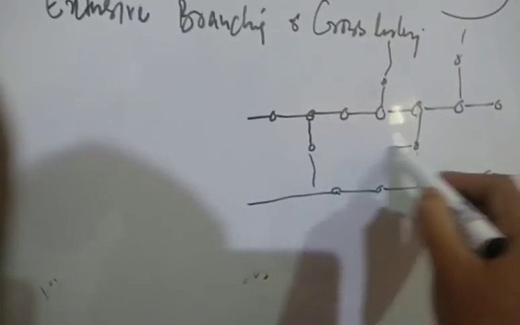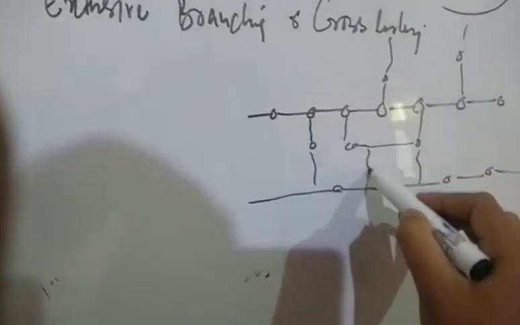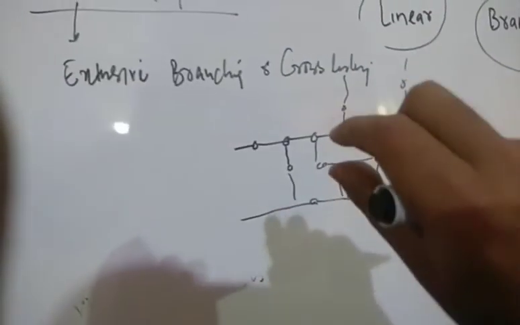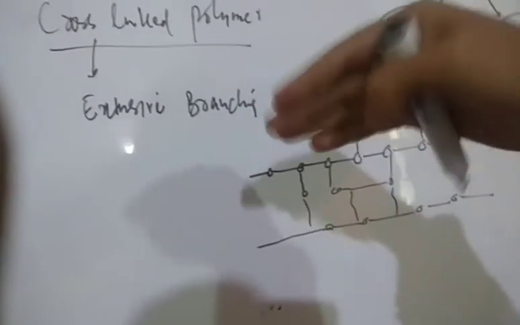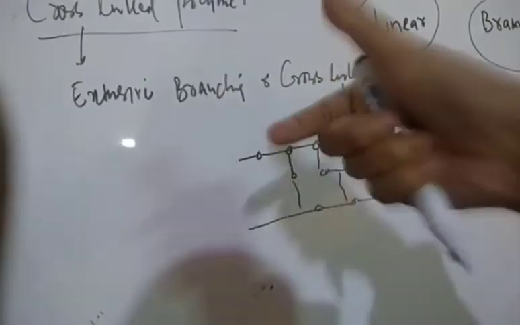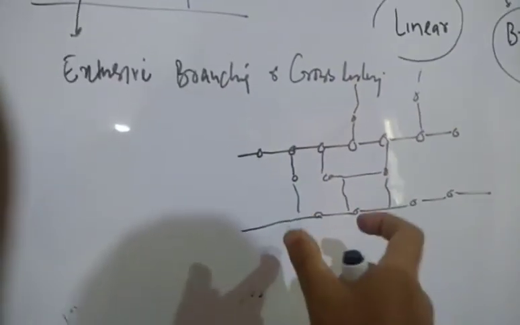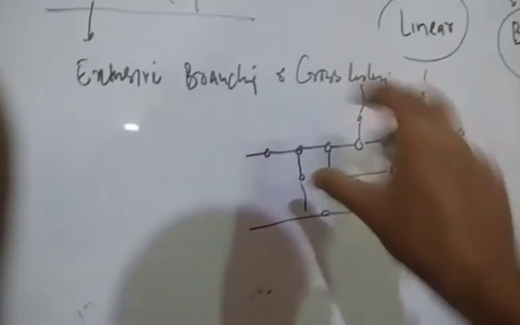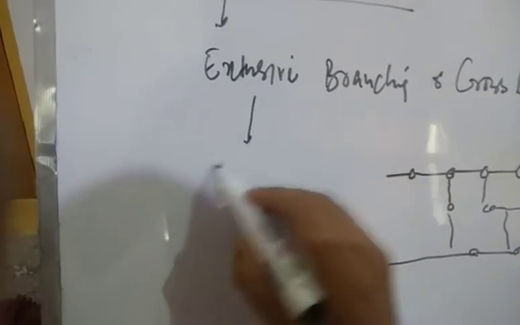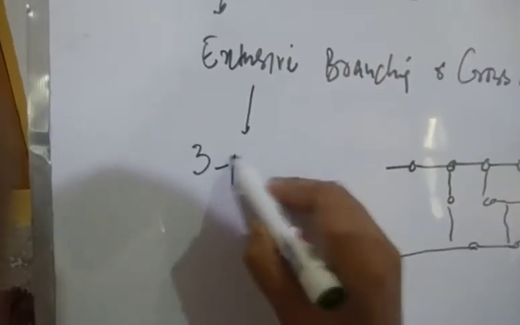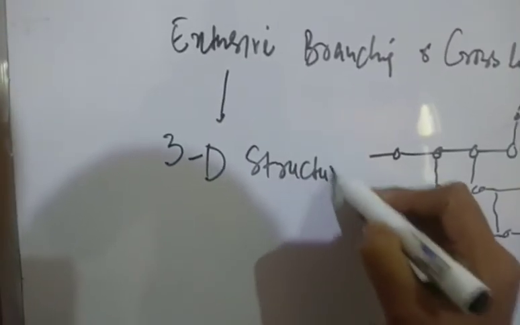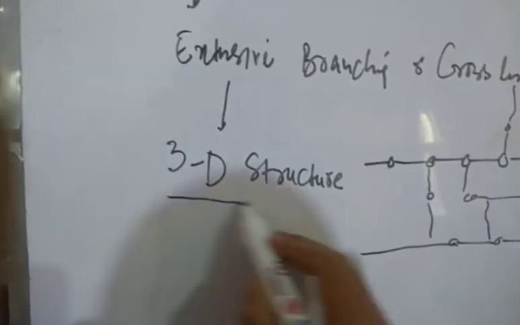There are a lot of cross links involved here, along the y axis, upward and downward, so along all the dimensions x, y and z there are extensive cross links and extensive branches. So this gives it a 3-dimensional structure. These polymers are 3D.